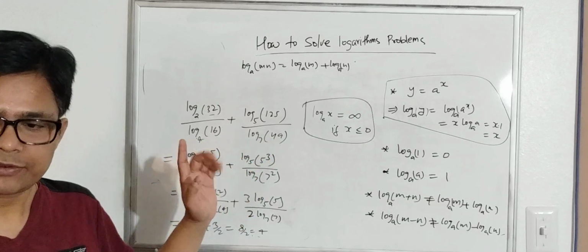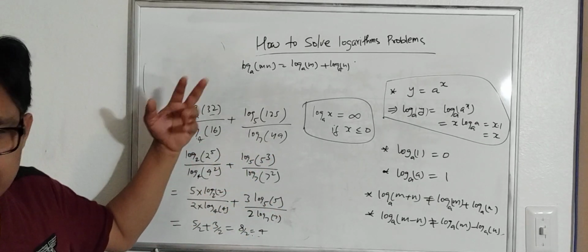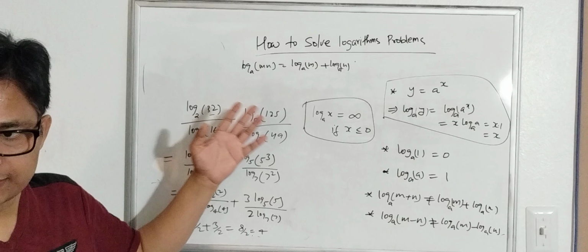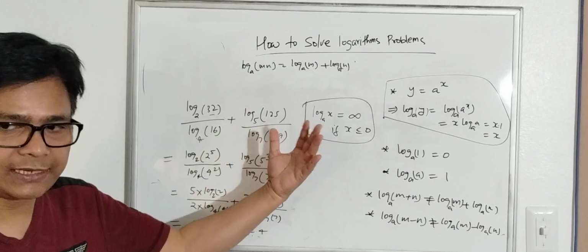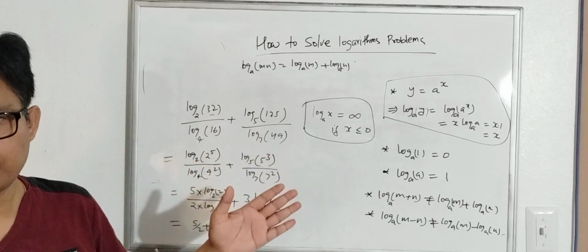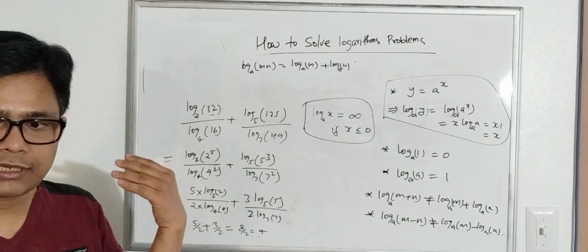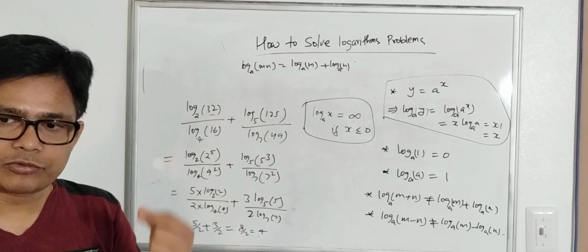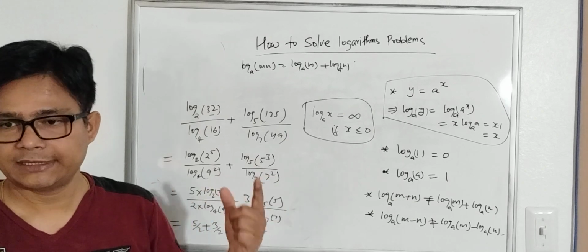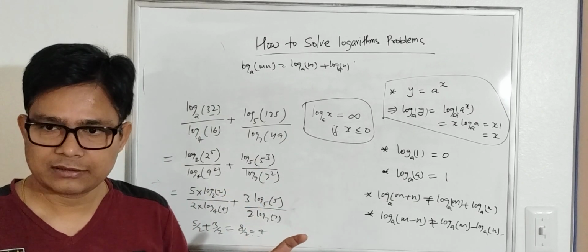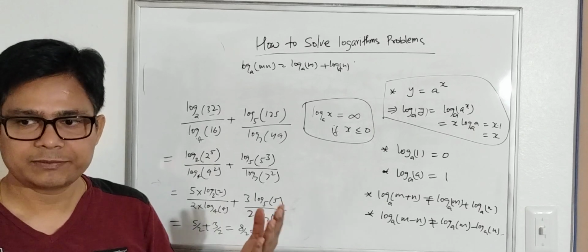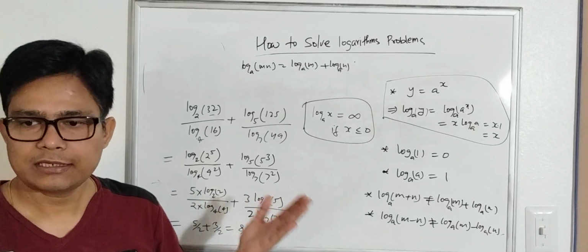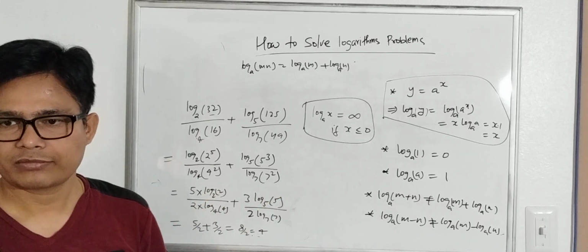But always remember, once you have the value of x, put it back in the original expression and see that you are not getting any negative. Let's say there are multiple expressions, like we saw log of x plus 1 plus log of x minus 1. Put the value of x in all of them, and if any term gives a negative value, which means log of a negative value, then discard that solution.